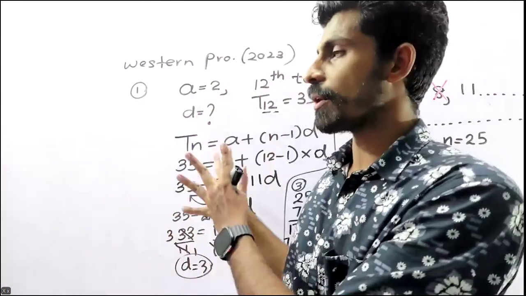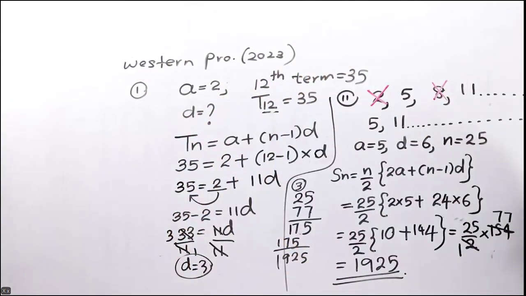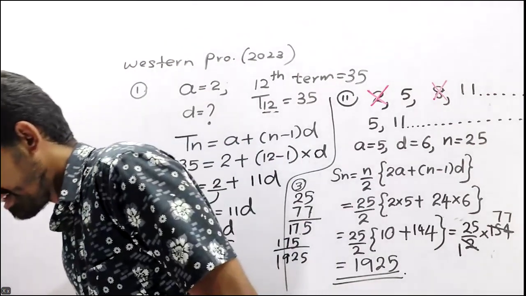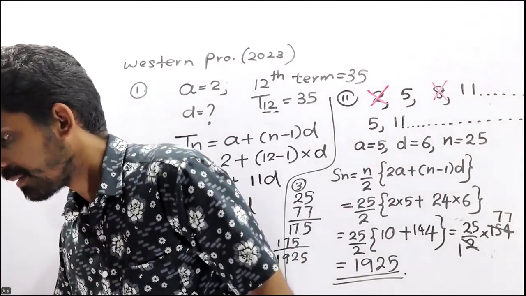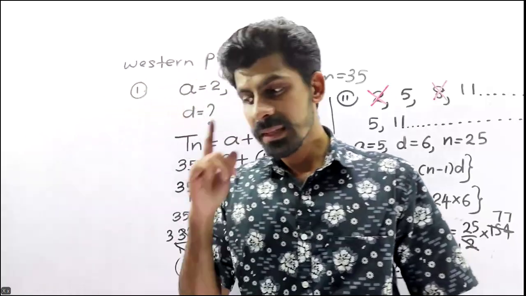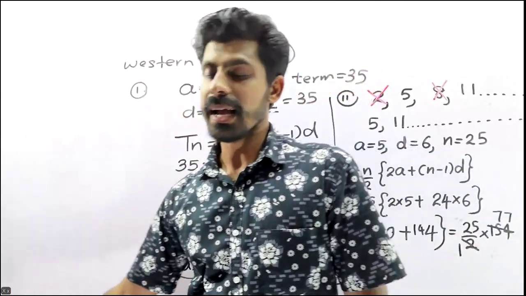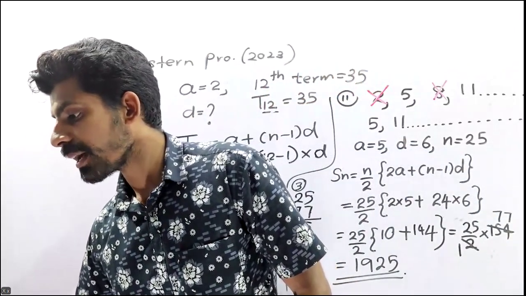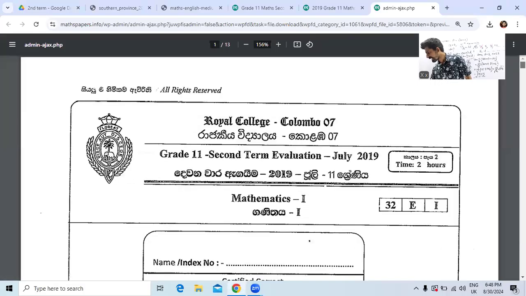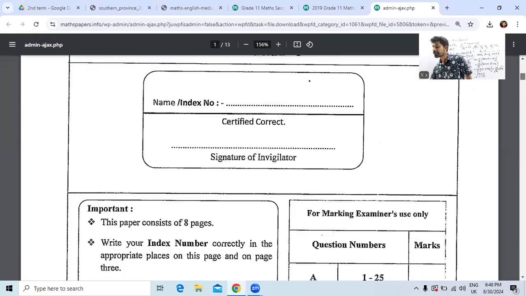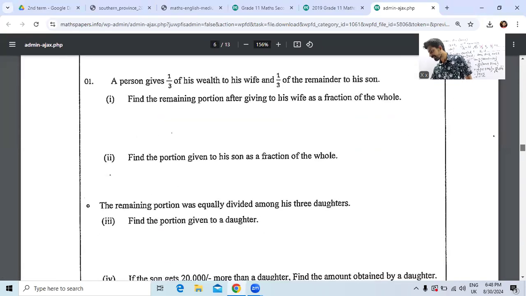So you can note it down. The last question I'm going to discuss is from the Royal College paper, the 2019 Royal College paper, second term, grade 11.